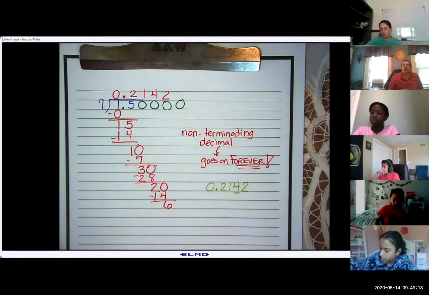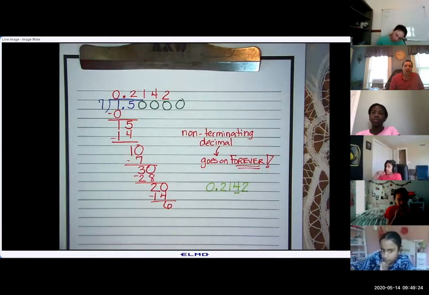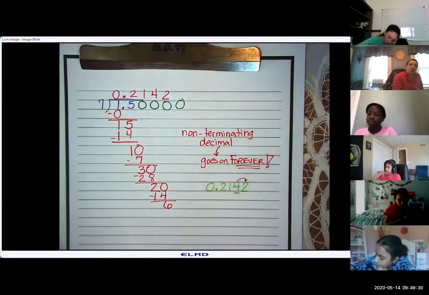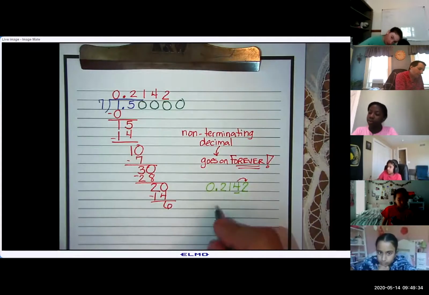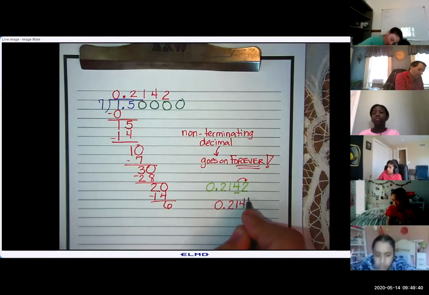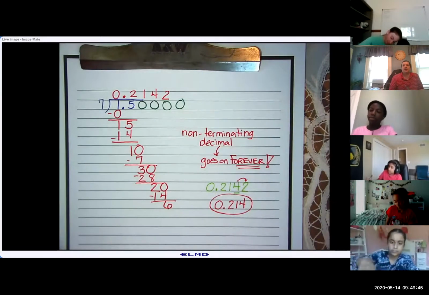What Emma did is she solved it one place value past the thousandths. Now she needs to round. So she's going to look to the right. That's a 2, which means the 4 is going to stay a 4. 0.214. That's what your book wants as an answer.